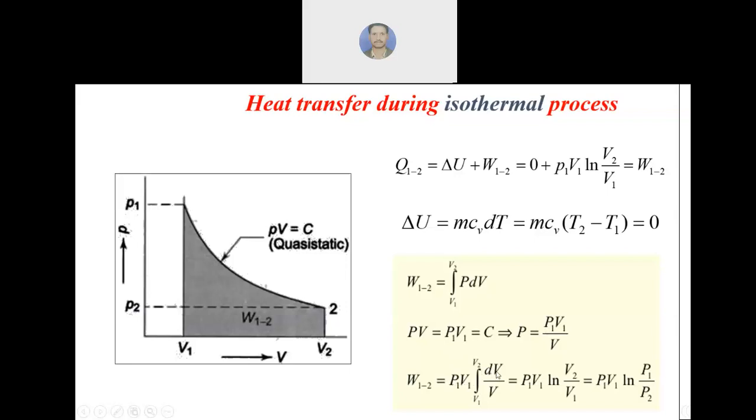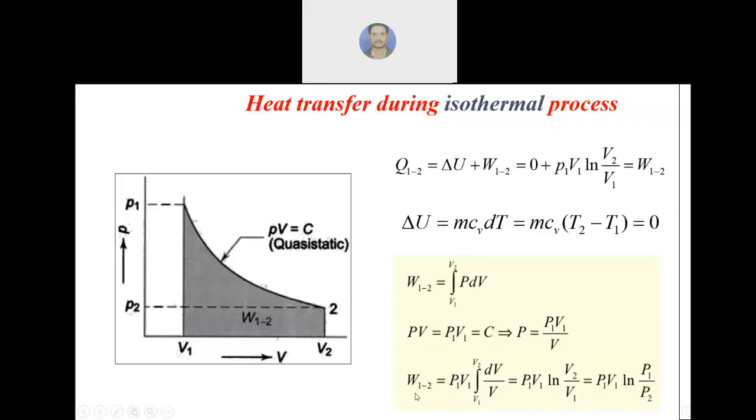You are left with dV divided by V, and if you integrate it, it is nothing but log of V, and when you put the limits, it will be log of V2 by V1. So work done is given by P1 V1 log of either V2 by V1 or P1 by P2. You can write either V2 by V1 or P1 by P2.